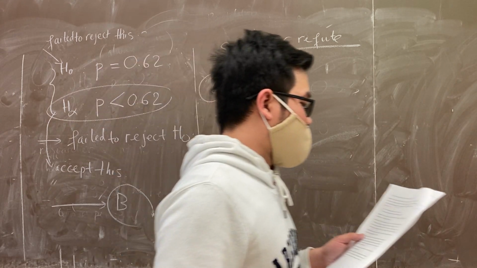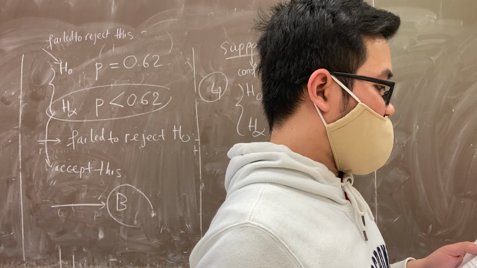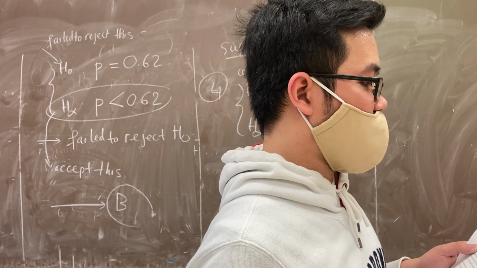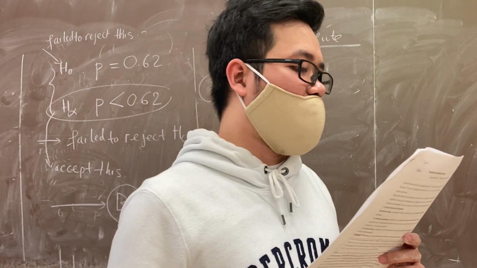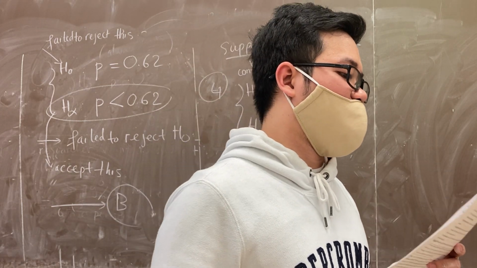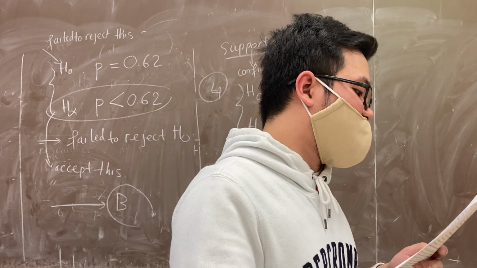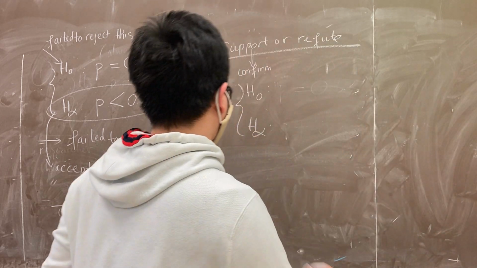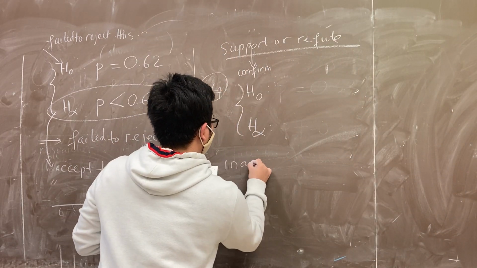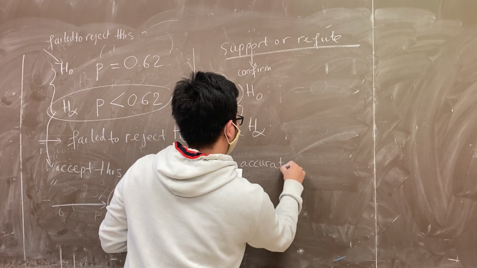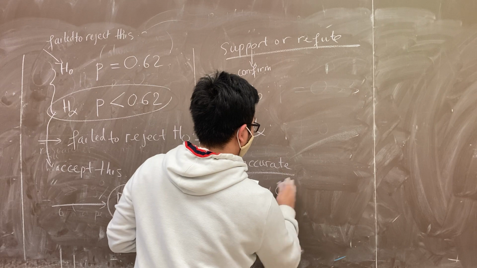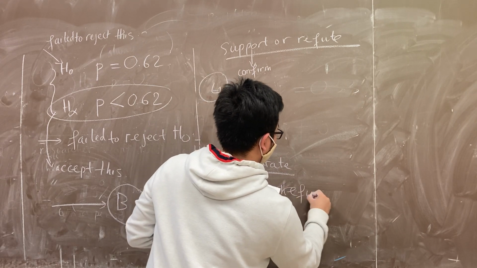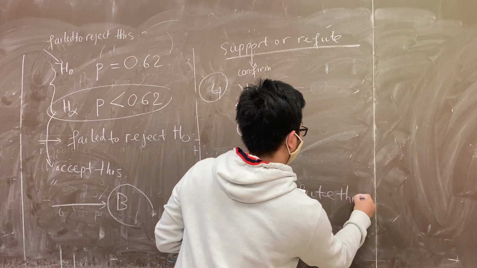A newsletter publisher believes that 52% of their readers own a Rolls-Royce. A testing firm believes this is inaccurate. That means they don't support, they refuse this claim.